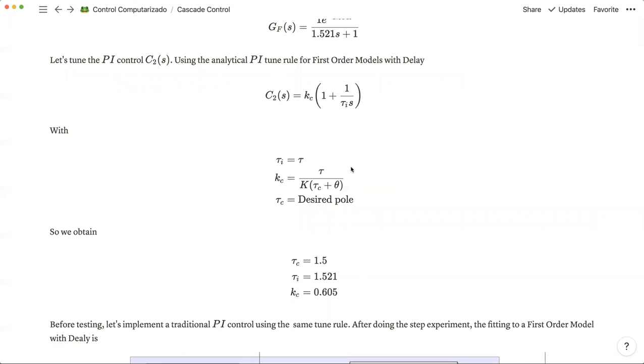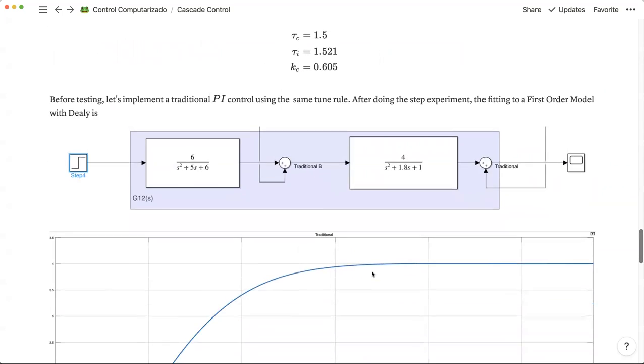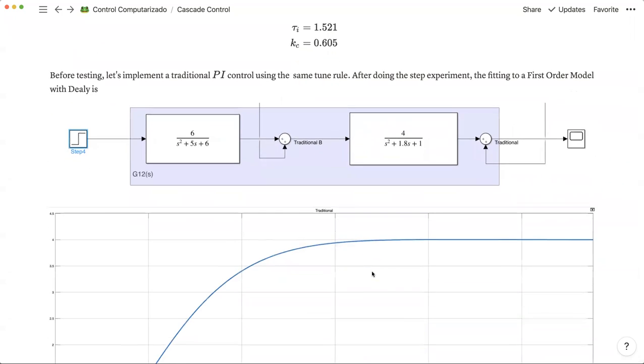And we say that the tau I is tau or 1.521, tau C is 1.5, and Kc is 0.605.